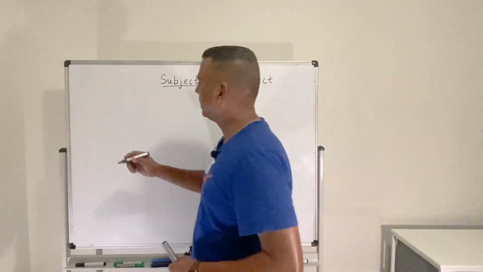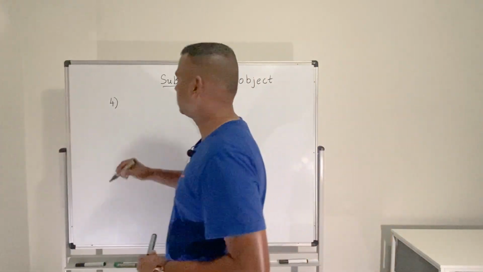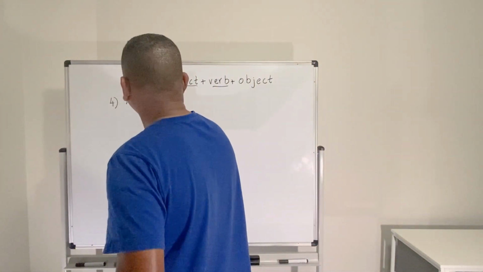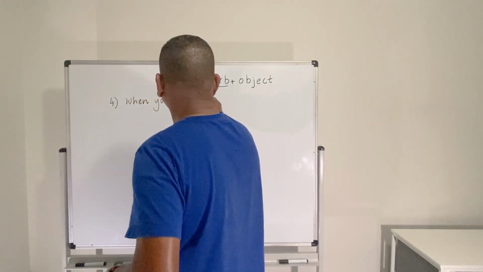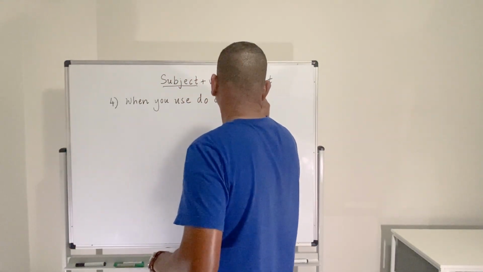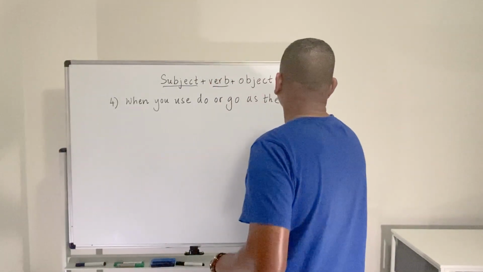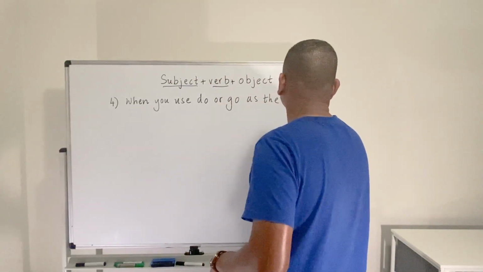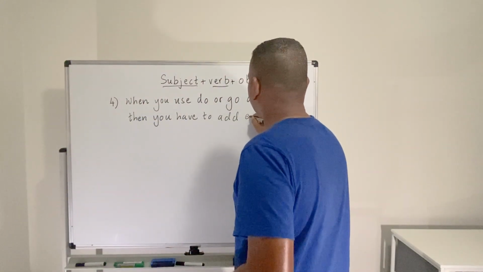Then let's look at the fourth scenario. Okay, so the fourth scenario is when you use do or go as the verb, then you have to add es.